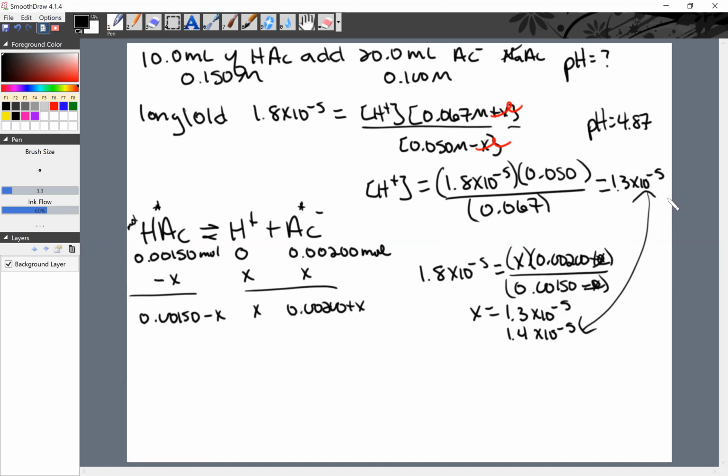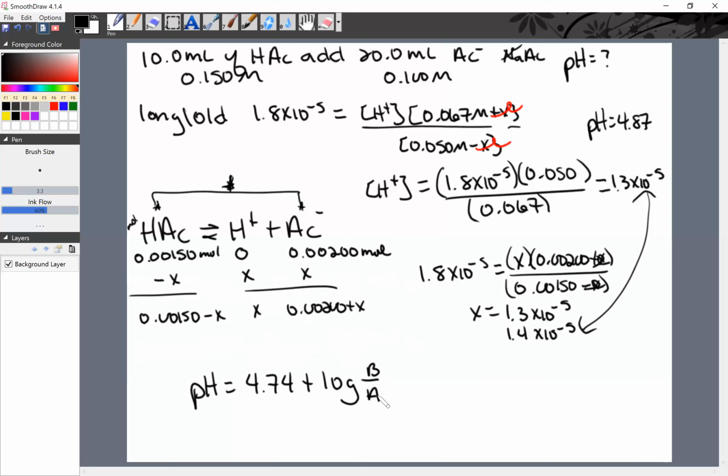Really, Jolly, it looks like you're just making work for yourself. I promise it will help in the future. I could have just recognized, look, this is a buffered situation. I could have just used the Henderson-Hasselbalch. So the pH is equal to 4.74 plus the log of the base piece over the acid piece.